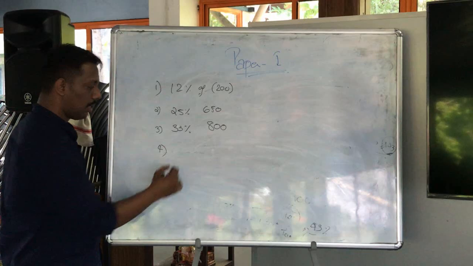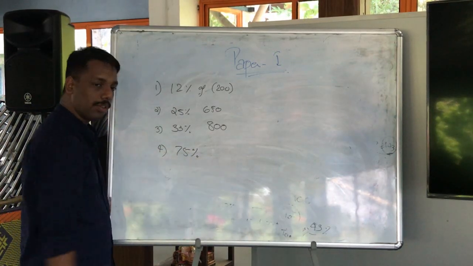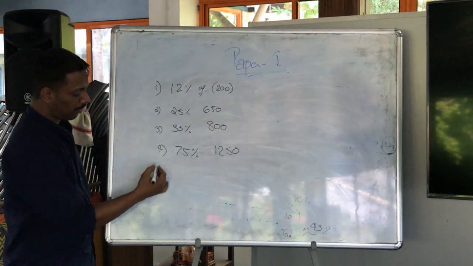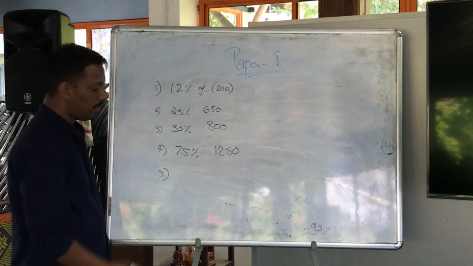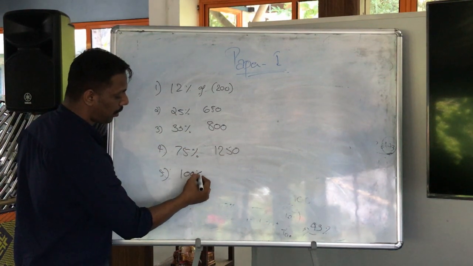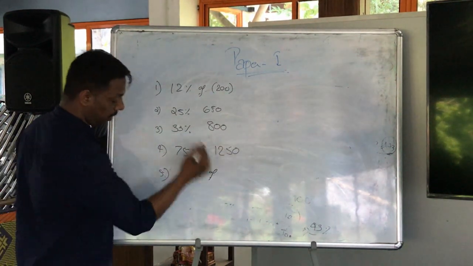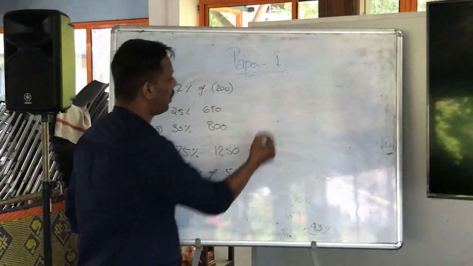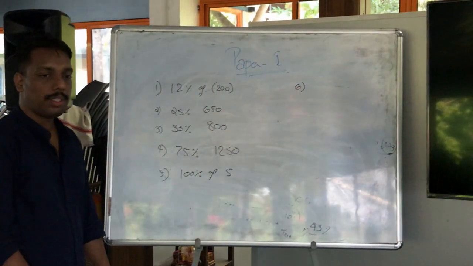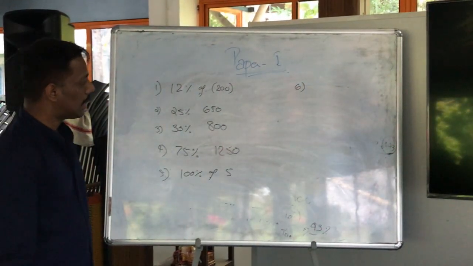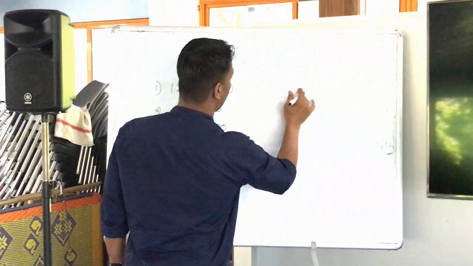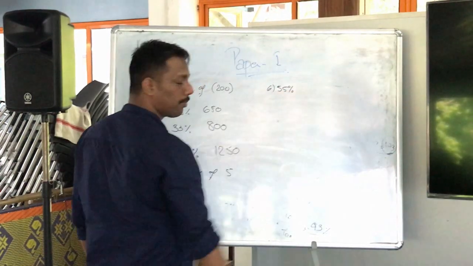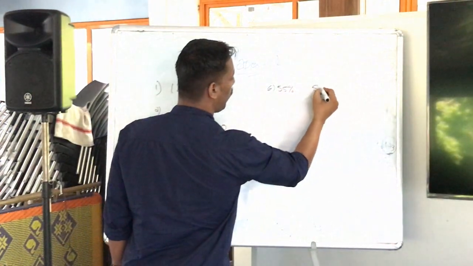Fourth question, 75% of 1250. Then 100% of 5. Next one, what is 55% of 550?